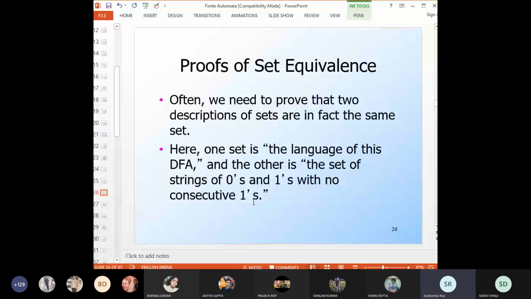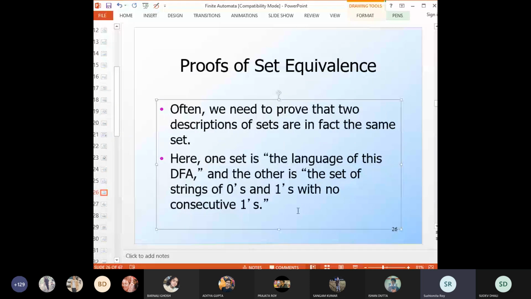Okay, so can we actually draw this finite automata, draw this DFA? How many states would we require? Q0 first state. So we are trying to recognize two consecutive ones. Actually, we are trying to not recognize two consecutive ones.